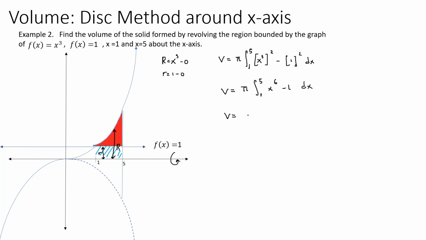If you integrate this, you're going to get x to the 7 over 7 minus x, and you're calculating this from 5 to 1. If you evaluate this, you're going to get 78,096 over 7 times pi.